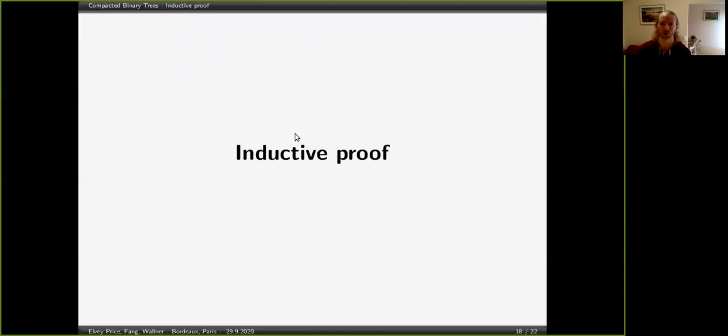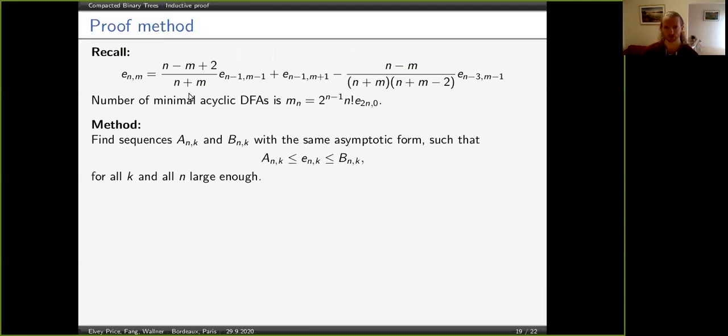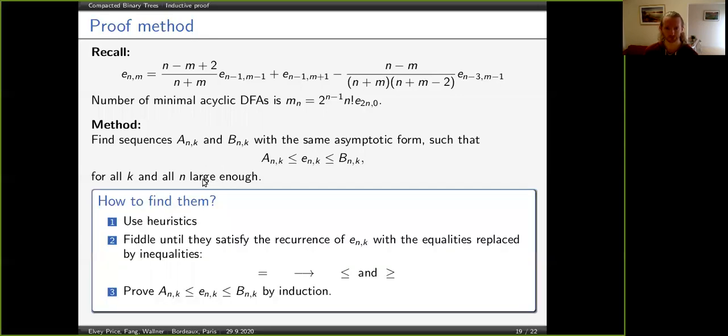Okay, so I'm just going to quickly say a couple of things about the inductive proof. So the idea is that we want to prove some bounds on E and K using some A and B for all K and all sufficiently large n.